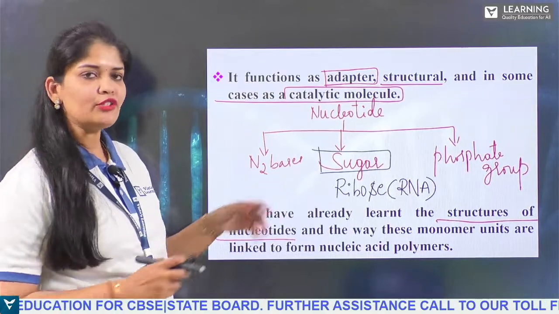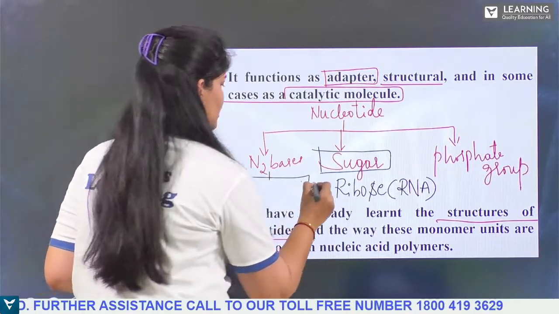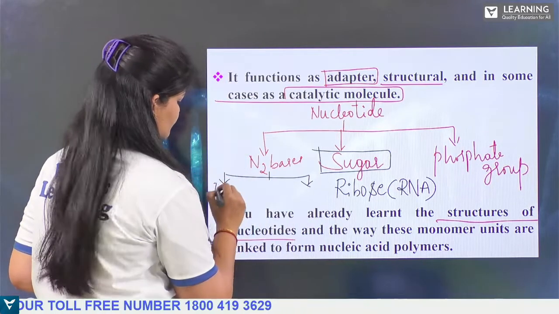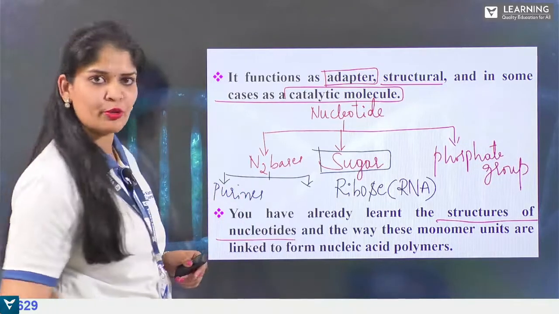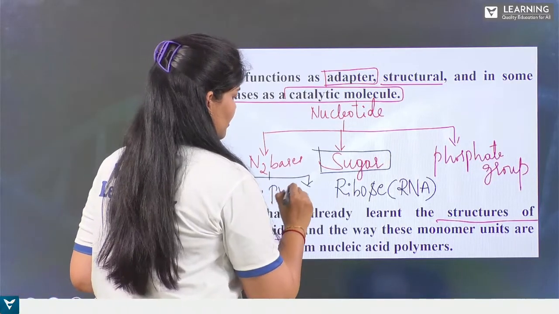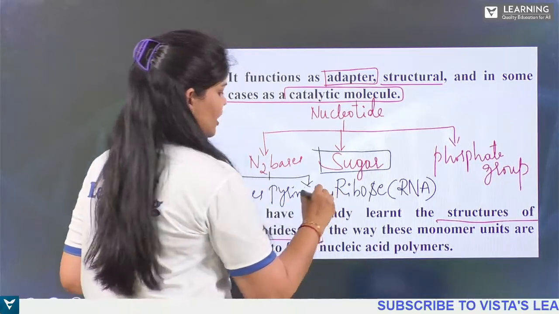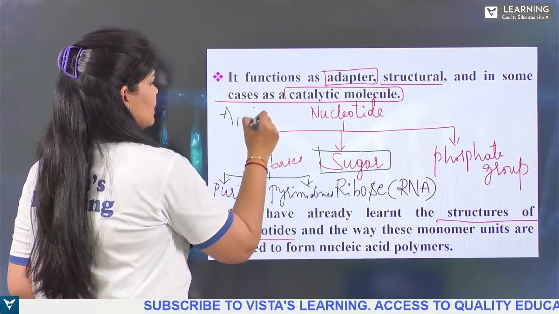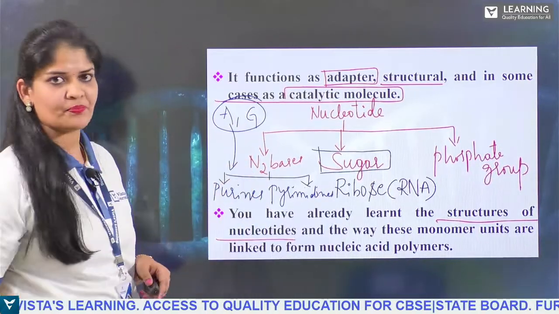Now coming to nitrogen bases, we have purines and pyrimidines. Adenine and guanine come under purines.